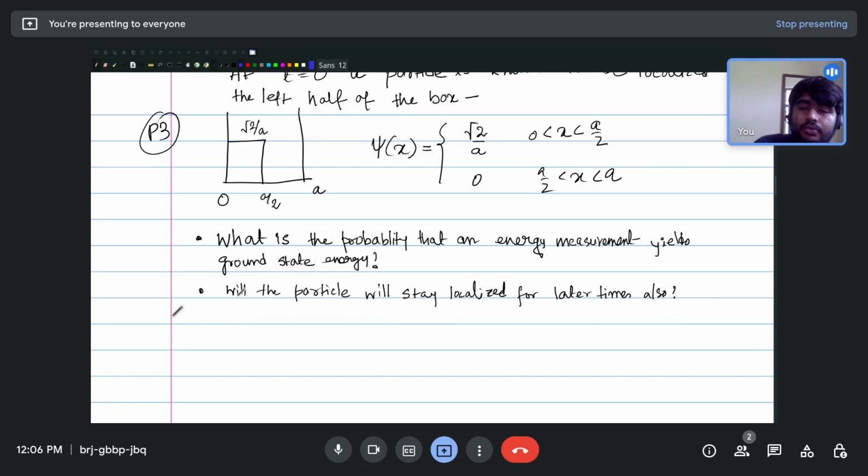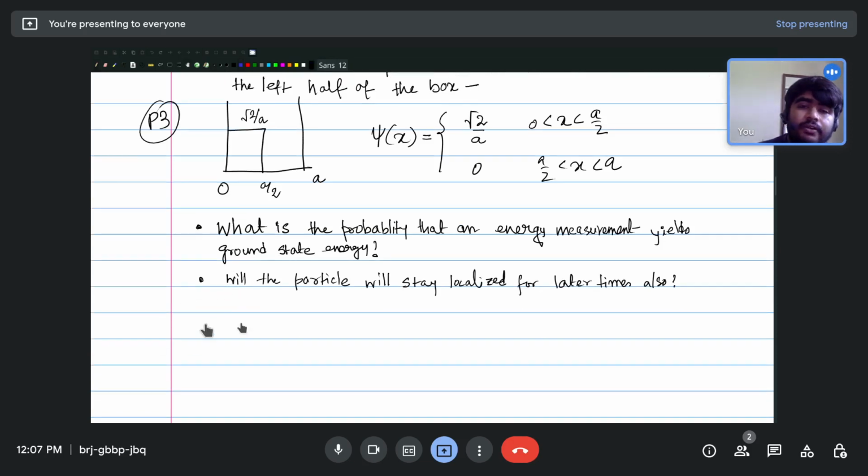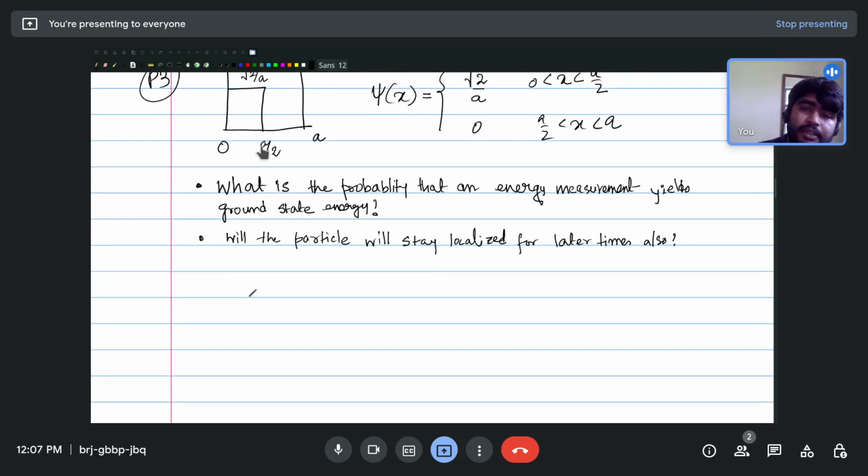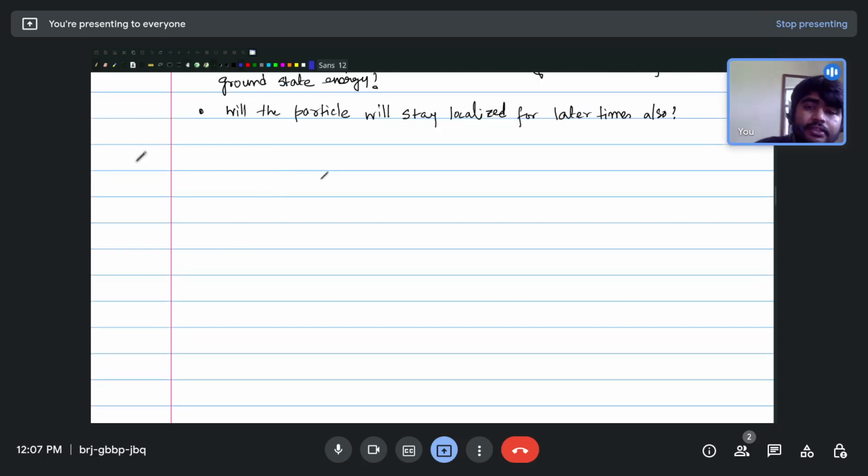When these kinds of questions are asked, first you write the given wave function in terms of the eigenstates of the system. Let me start with the general principle. The eigenstates are complete.